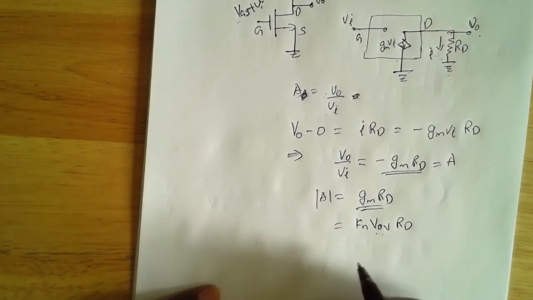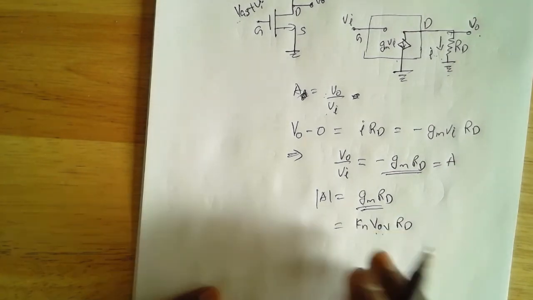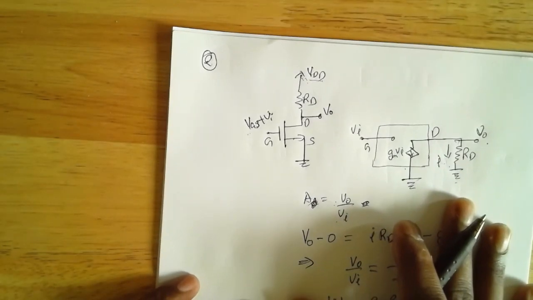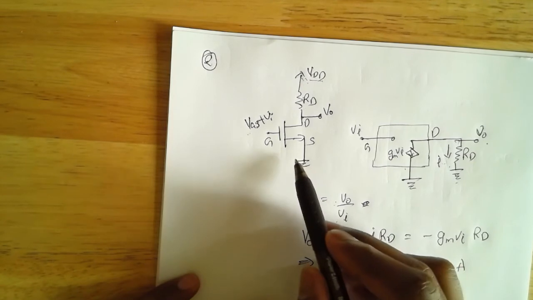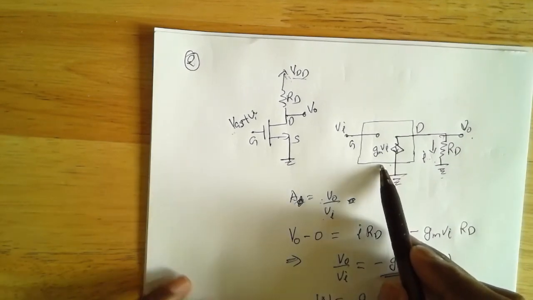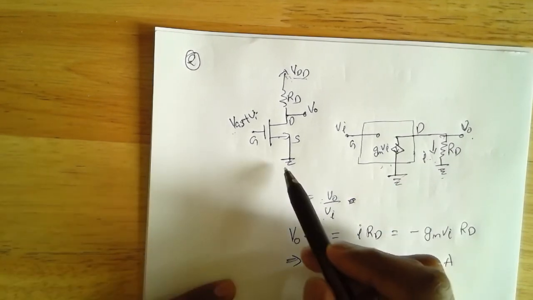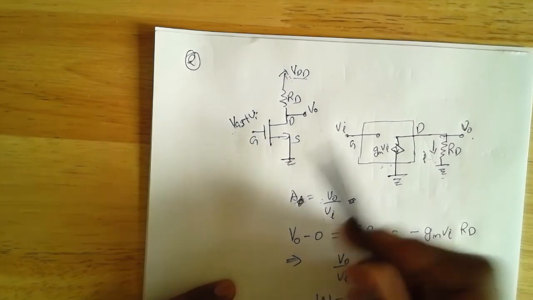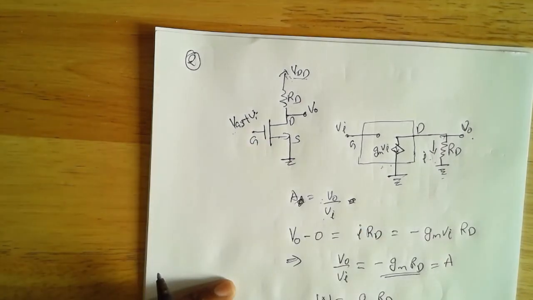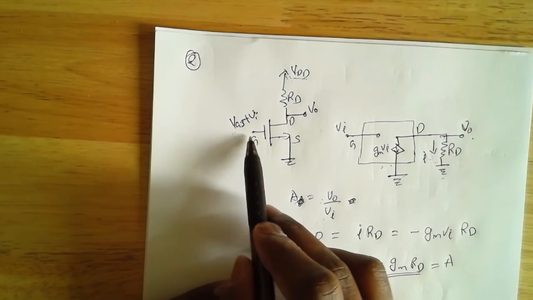So let's say, okay, and then one more thing I want to say here is, if you look at the circuit here, or this model, as long as AC is concerned, source is grounded. I mean, even in DC, source is grounded. And you're applying input at the gate, right?